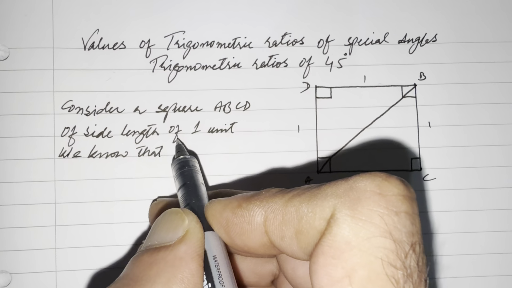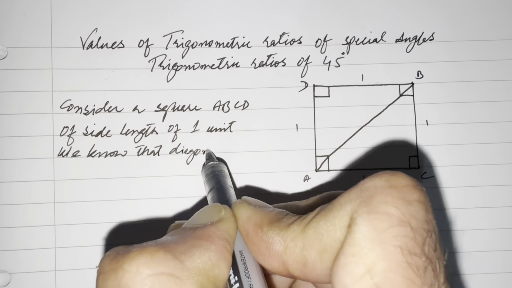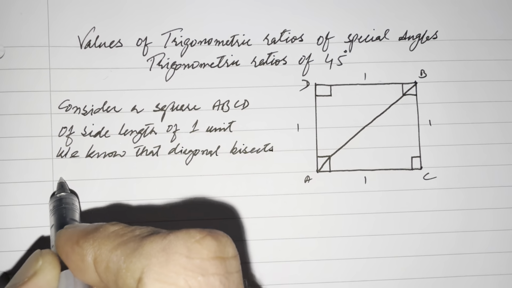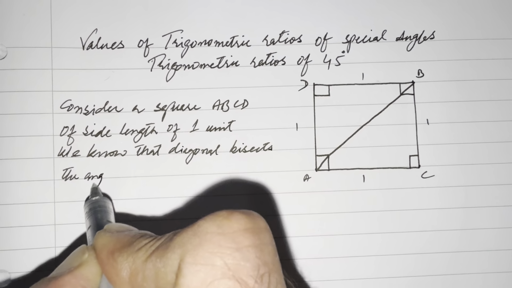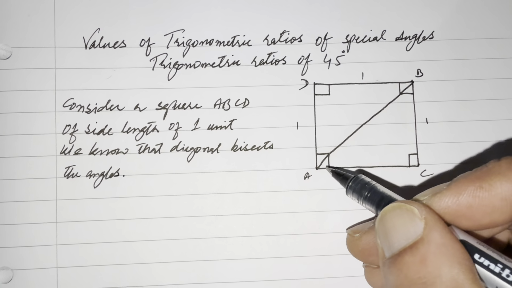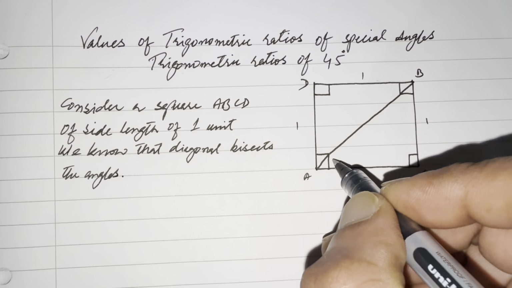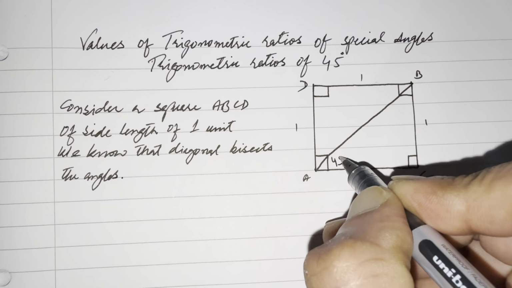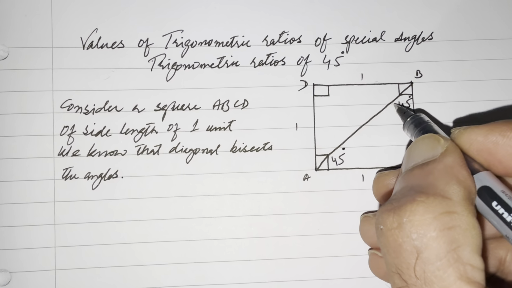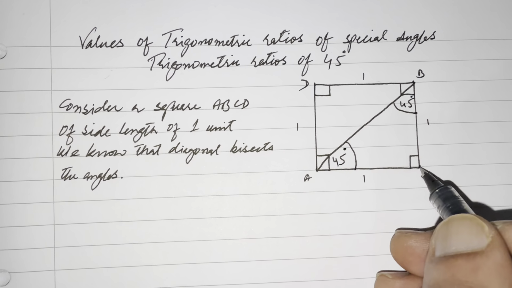The angles of the right angle triangle become 45 degrees. So angle A will be 45 degrees, angle B will be 45 degrees, and angle C will remain 90 degrees.